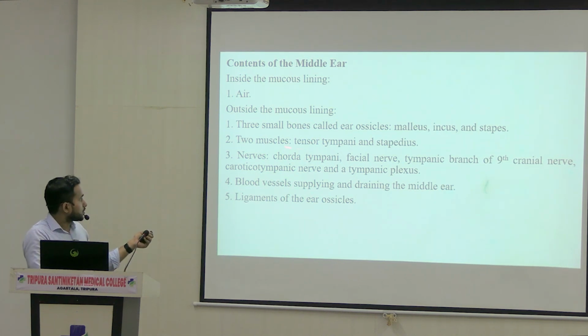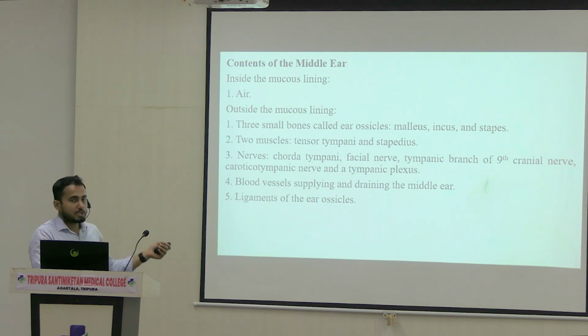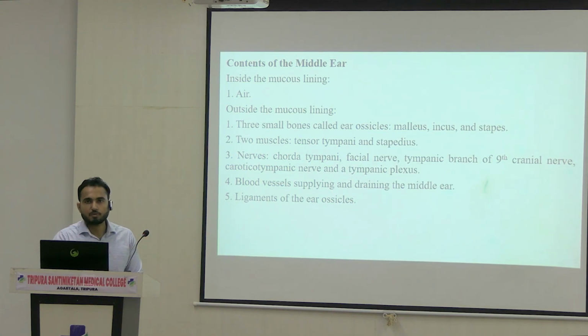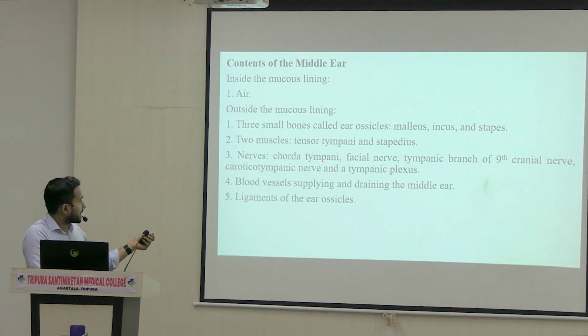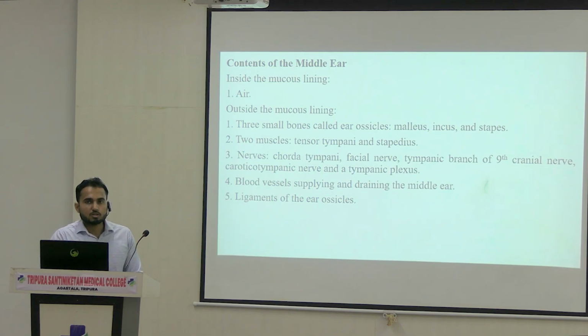Okay. Next, 2 important muscles are there: tensor tympani and stapedius muscle. Very important muscles. Next, the nerves. As you can see, so many nerves are there. So what are the important nerves present inside the middle ear cavity?